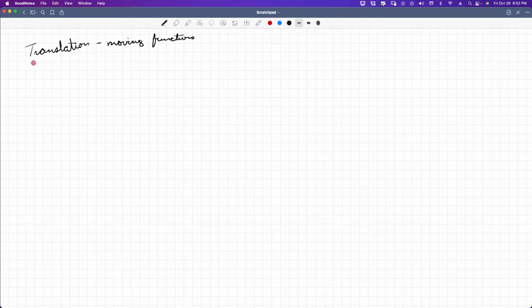Trans means to move or change or different. So a translation of a function is going to have some impact on the function, obviously. So let's say we are moving, here's our y-axis, and I'm going to do our x-axis.